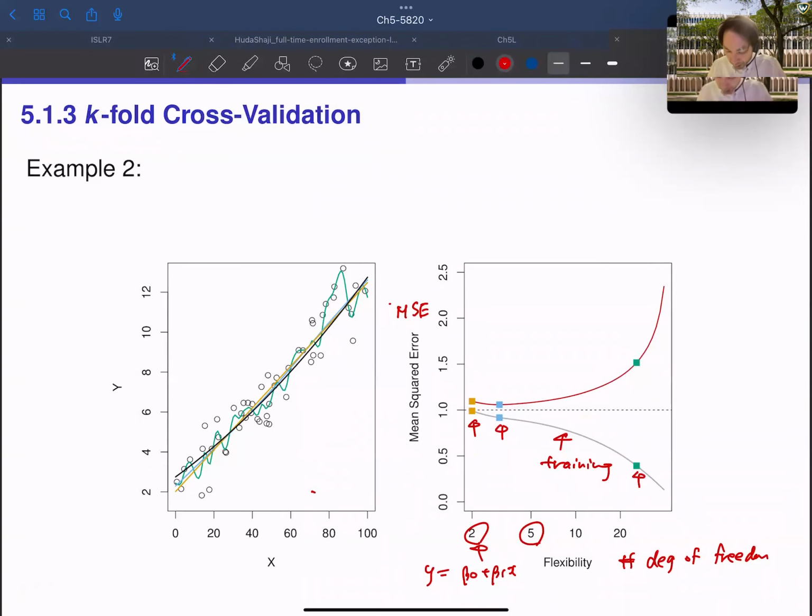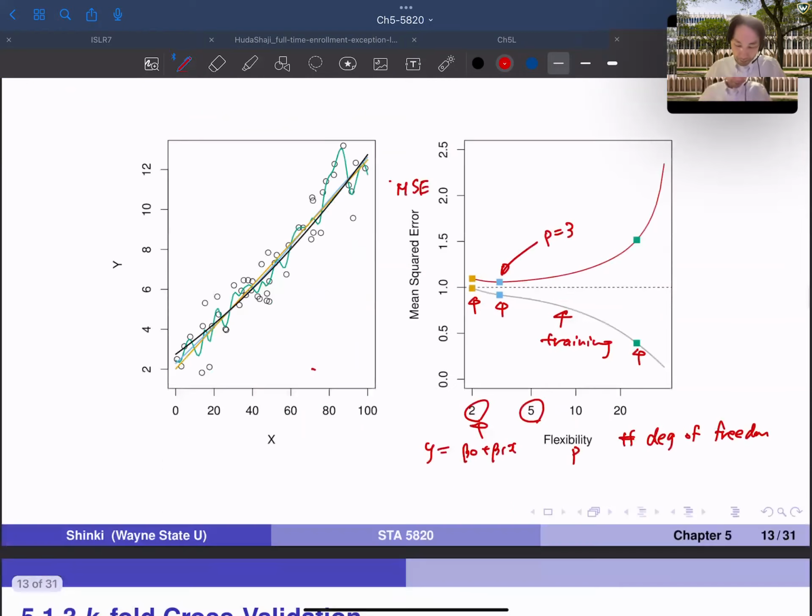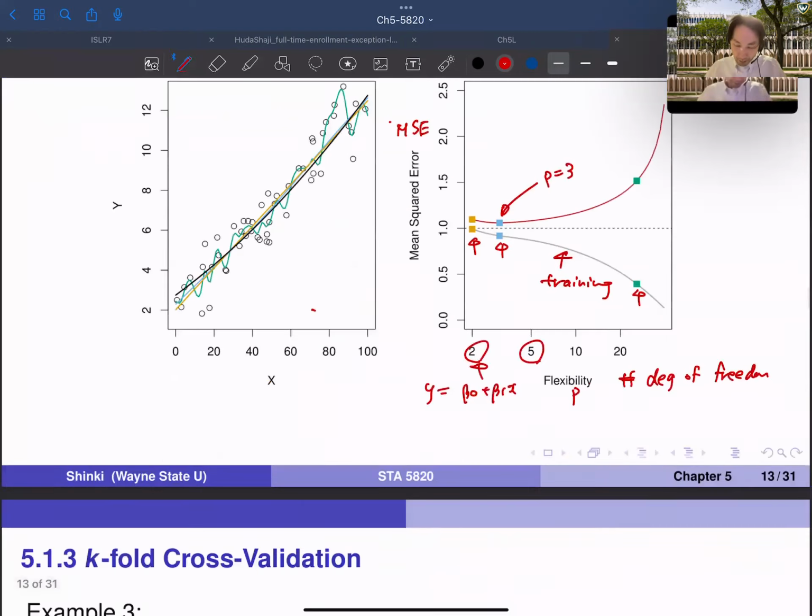So probably flexibility, I would say, of 3 is the best. And again, this is actually the expected error and expected MSE. So this isn't really cross-validated, but I just want to show the examples first.